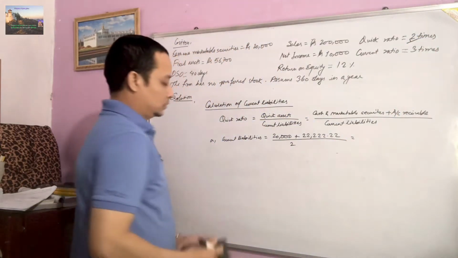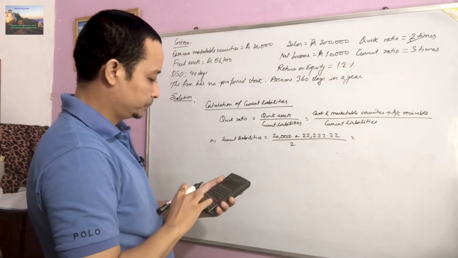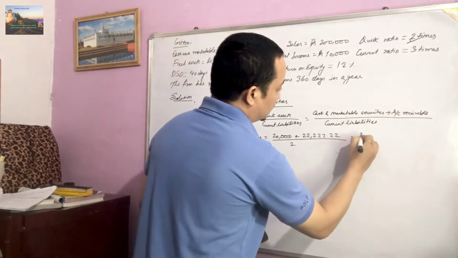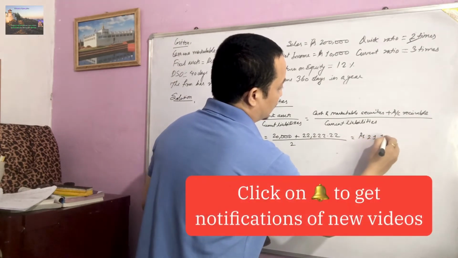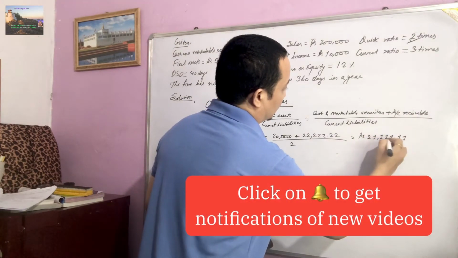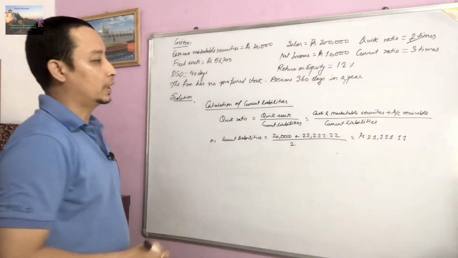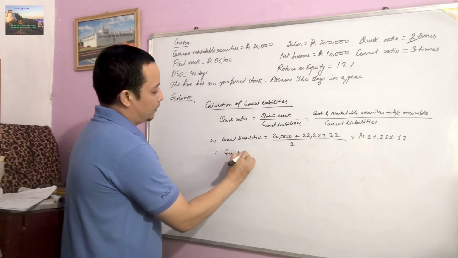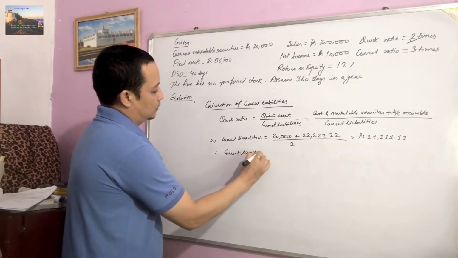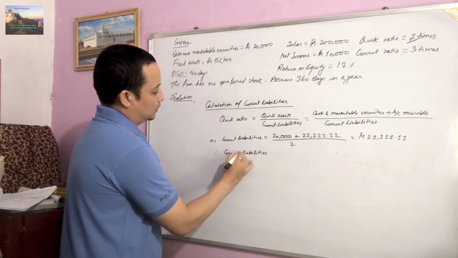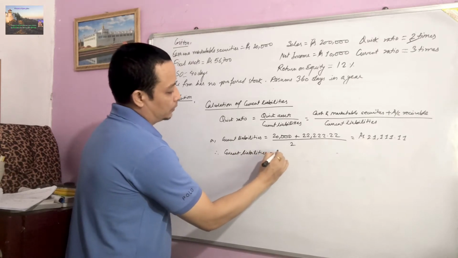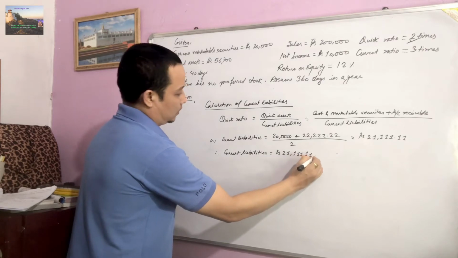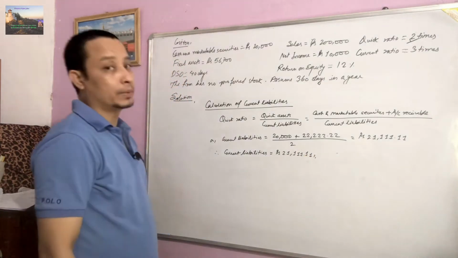So now just calculate, divide by 2, that is rupees 21,111.11. This is your current liabilities. Therefore current liabilities equal to rupees 21,111.11. This is your second requirement.